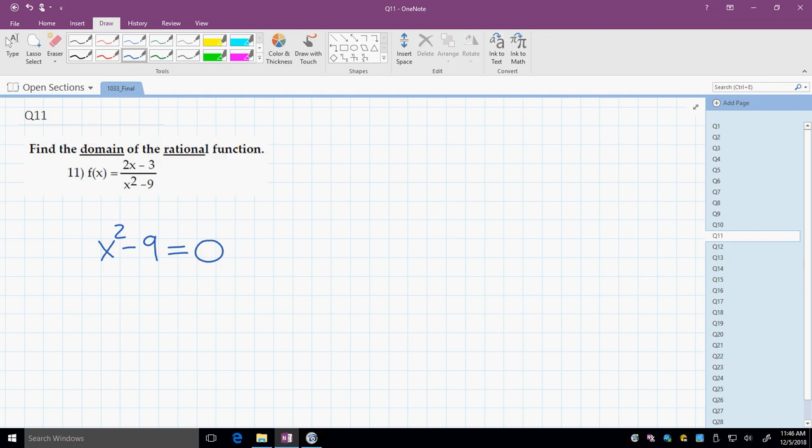As you notice, we have the difference of two squares. This is the perfect square and the perfect square with a negative sign. So we have to open a set of parentheses. One has to be positive, the other one has to be negative. And then we find the factor, which is x for x squared and 3 for the 9. And we have to equal each parenthesis to 0.